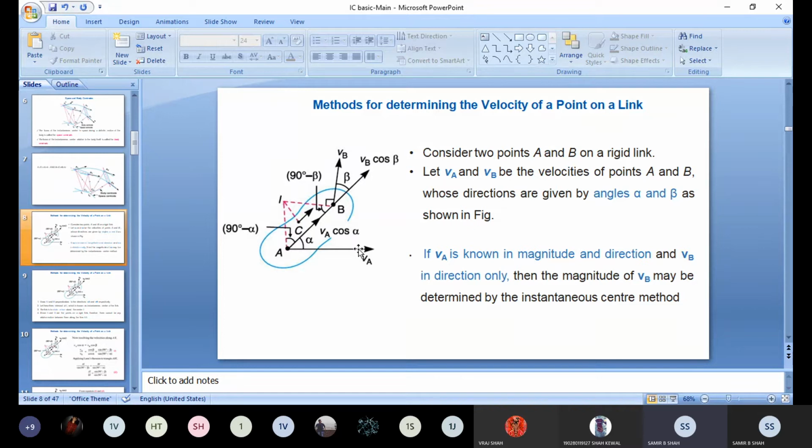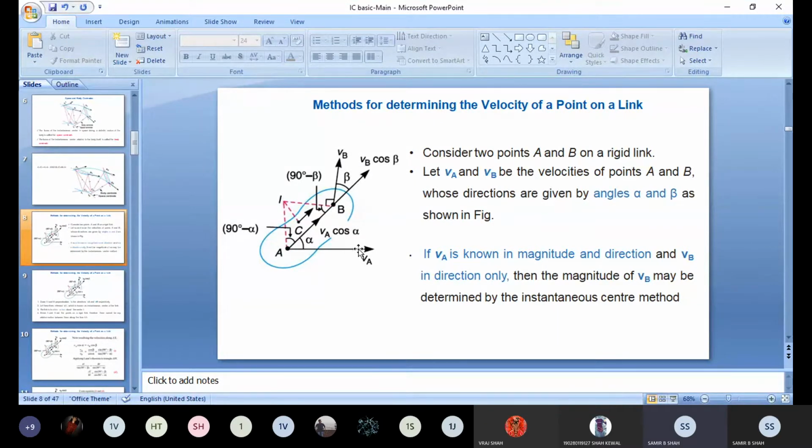Already we know that when we talk about 2 points where, at one point, both the magnitude and direction are given to us and at another point only one is known, at that time we have to find the remaining one. So for that, we apply this method.